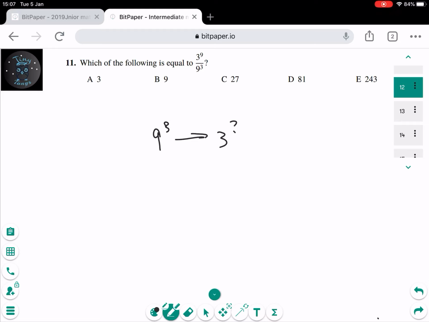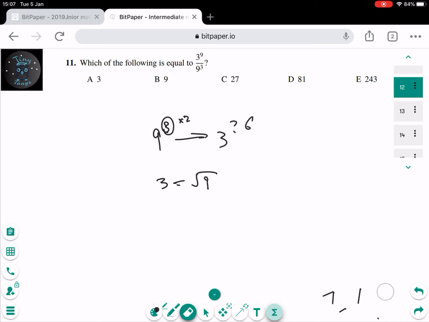Because 3 is the square root of 9, the 3 over here needs to be multiplied by 2. So you get 6 here.